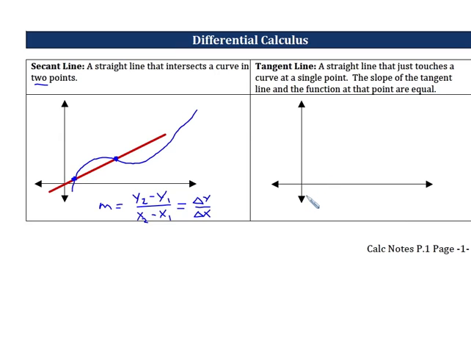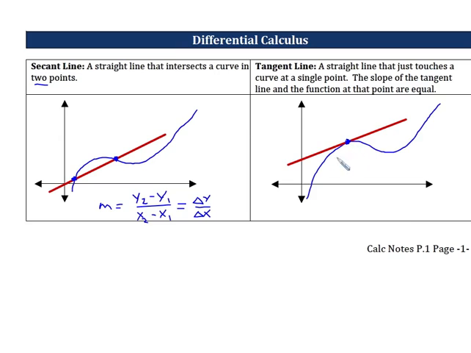So let's go ahead and draw our curve again. Doesn't really look like anything. And the tangent line is going to come so that it just barely grazes the equation. Okay? And you can see that it's only going to be touching here at a single point.